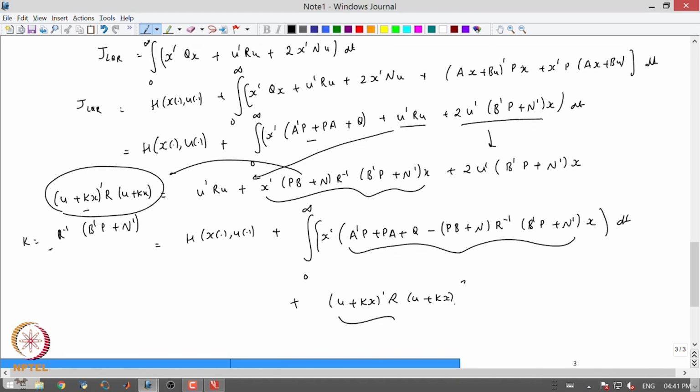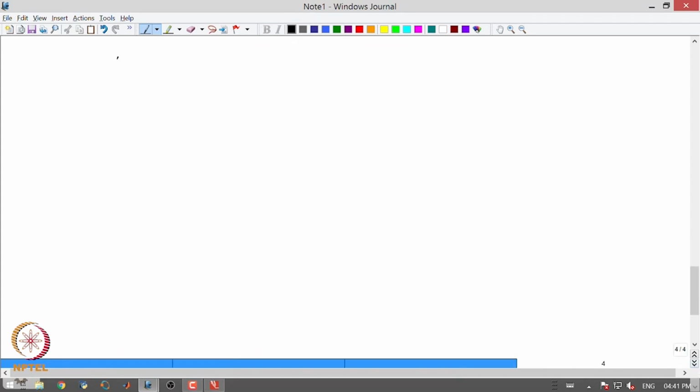Look at this term carefully, and then also this term. First let us check this. If I put this to 0, which means A transpose P plus PA plus Q minus (PB plus N) R inverse (B transpose P plus N transpose) equal to 0, how can I put this to 0?